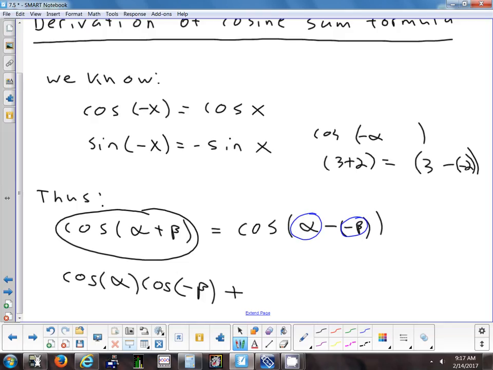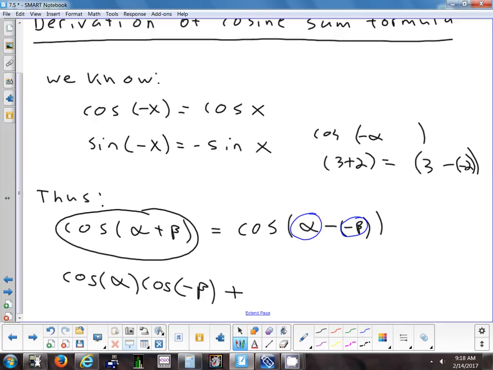Subtracting a negative would turn it into a positive. And once we do this, we're going to have a formula down here in a second, so we're not going to have to do this again. We just want to memorize the formula for cosine of a sum. But I'm deriving it based on the formula we already have, which, again, we're not going to have to do in the future.